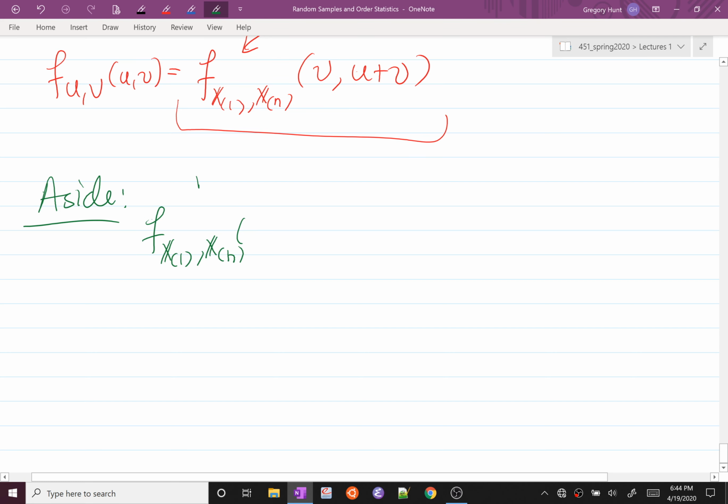So in this case, R is equal to 1 and S is equal to n. Let's evaluate this at, what do we want our values to be? It doesn't really matter what our variables are. Let's call them a and b.